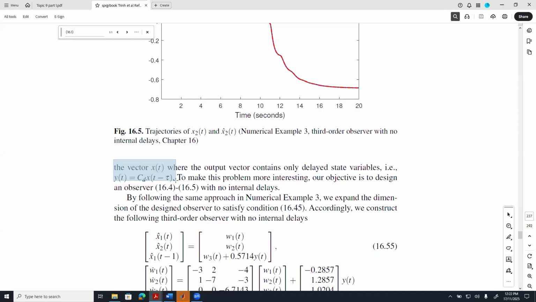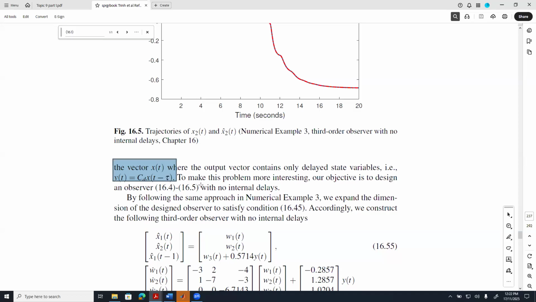Wow. And that leads us to another very intriguing problem that we should investigate in the future. This leads to the idea that we can use this observer structure to compensate for the effect of time delay, and we can look into it later on.